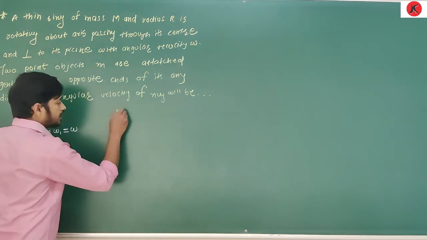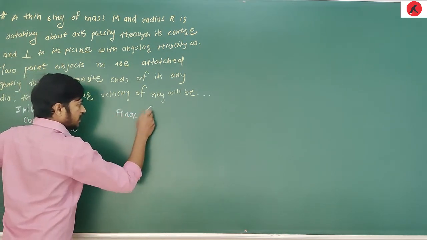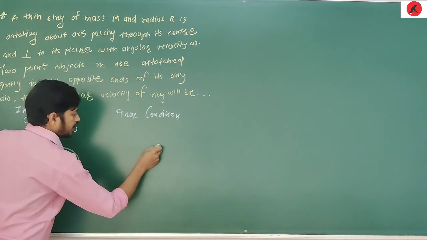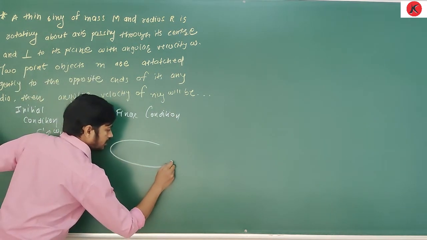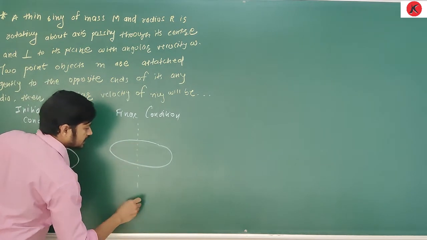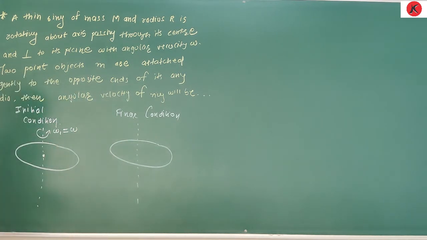So what is the final condition? The ring is the same, the axis is the same. Initially it was the ring only. Now two point objects of mass m are attached gently to the opposite ends of any diameter.